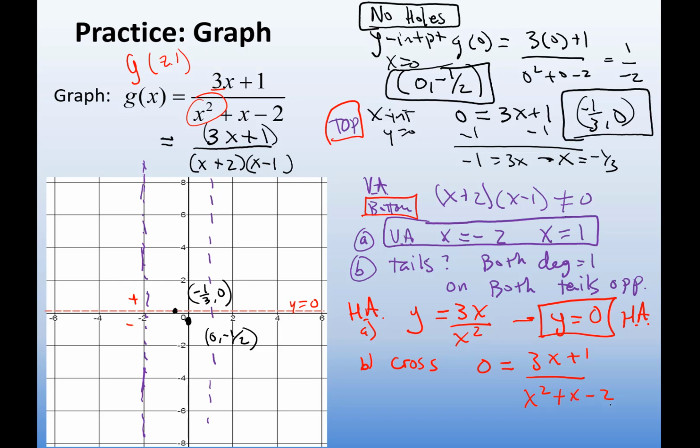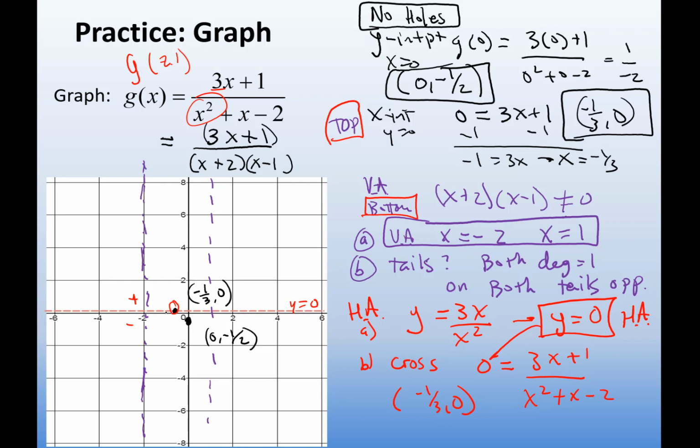We've actually already solved it. Now that's just a coincidence because this horizontal asymptote is on the x-axis. So we have found a place where it does cross. It crosses at -1/3, 0. Okay, and we can see it. It's right on the horizontal asymptote. It's got to cross there.